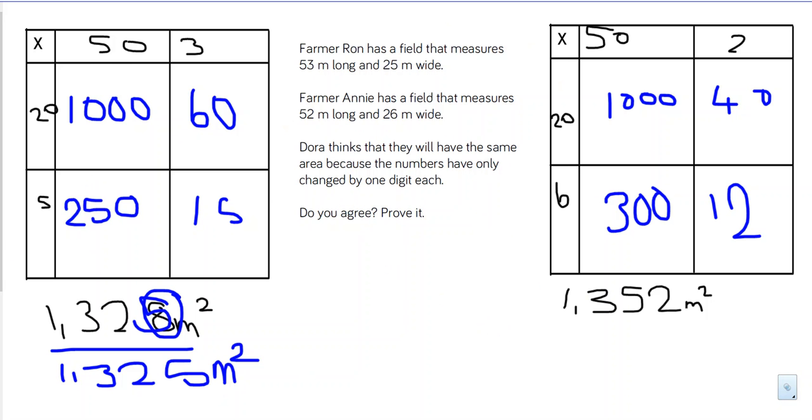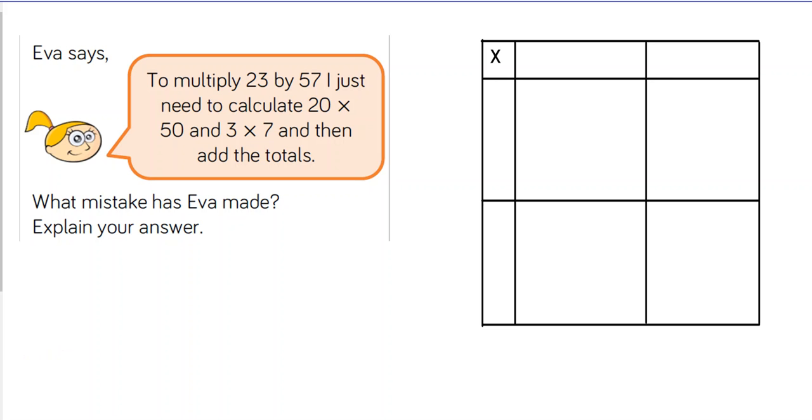Okay, so let's have a look at our penultimate one here. So Ava says to multiply 23 by 57, I just need to calculate 20 times 50 and 3 times 7 and then add up the totals.